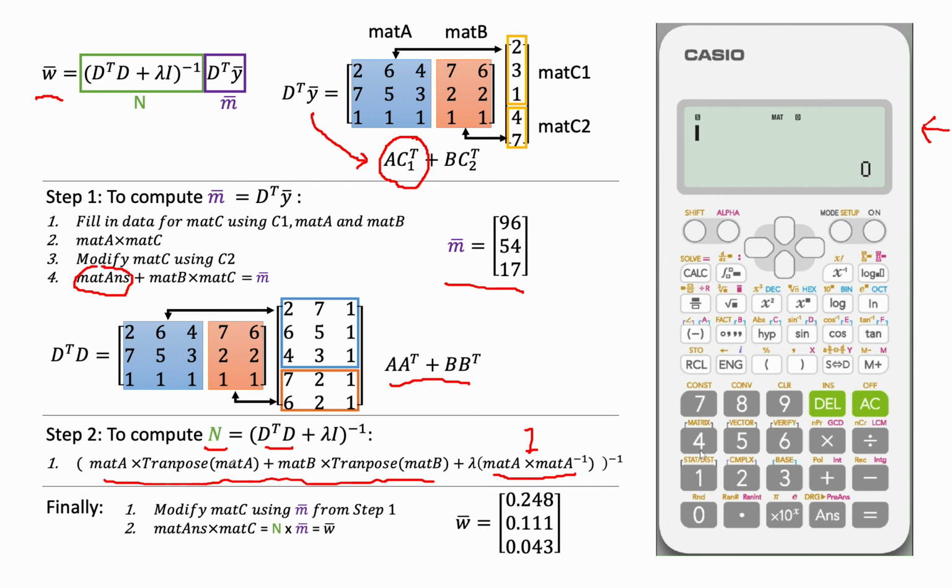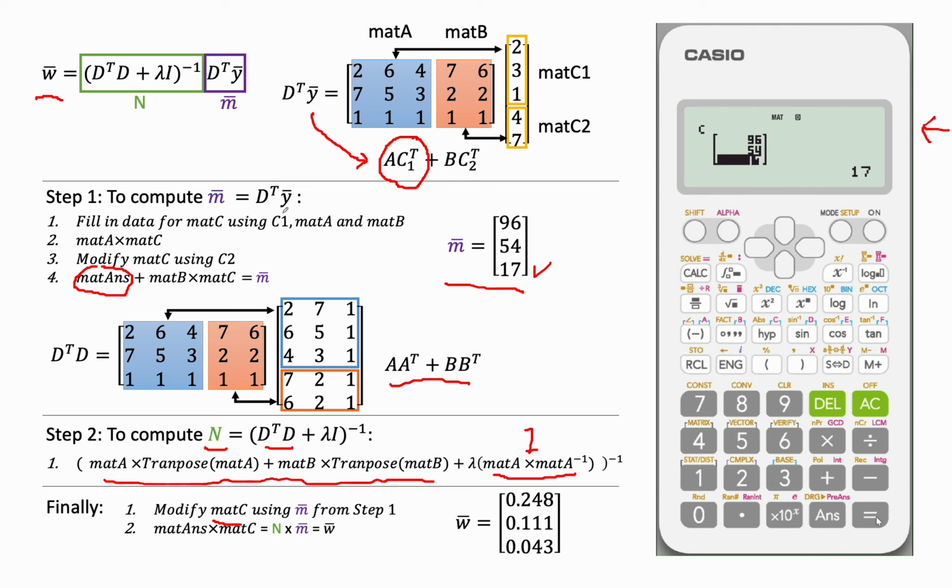After that, we simply need to modify our matrix C again with the M that we obtained earlier. So we define our matrix C to be M bar that we computed earlier.